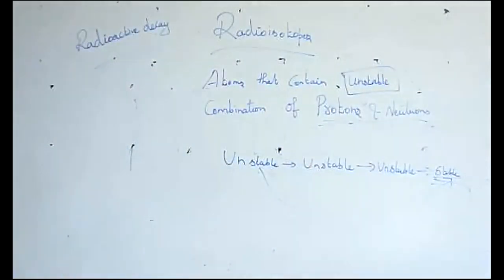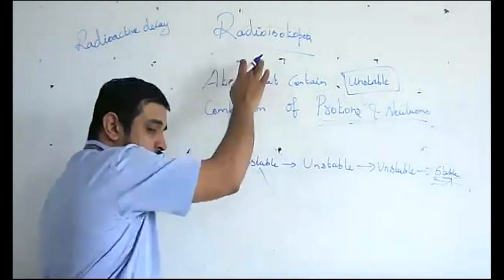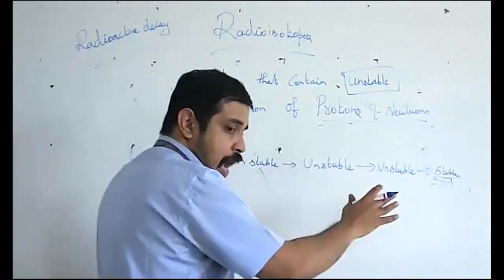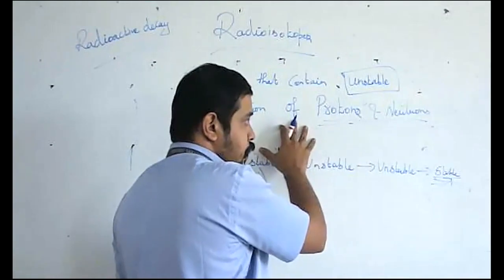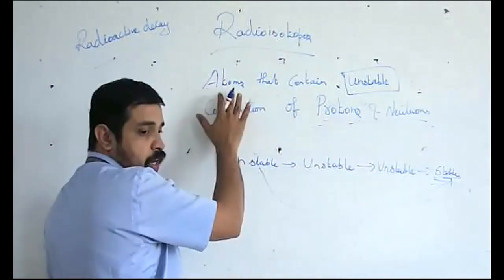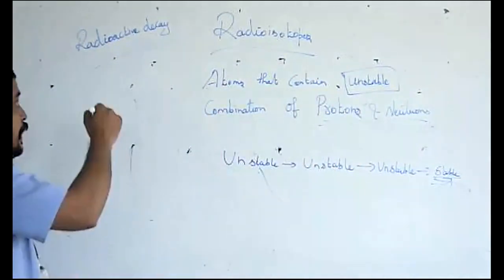It is nothing much different from radioisotopes. Radioisotopes are the elements which release protons and neutrons, atoms that contain an unstable combination of protons and neutrons.